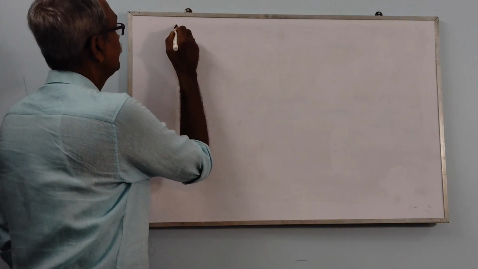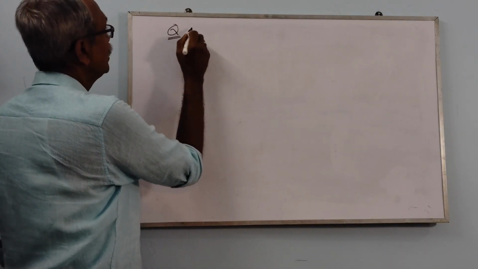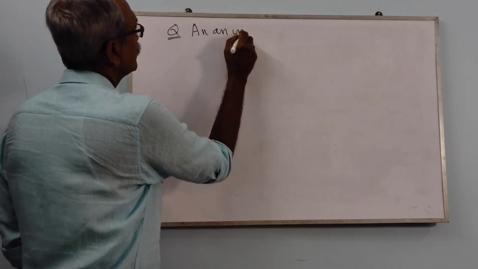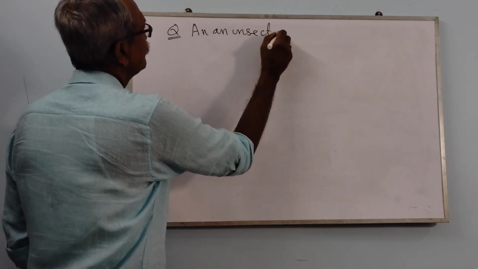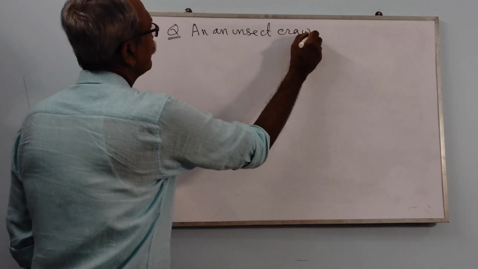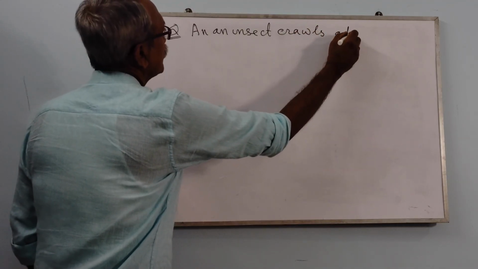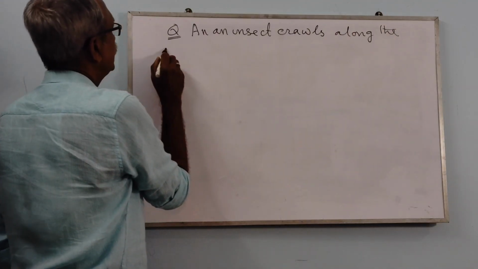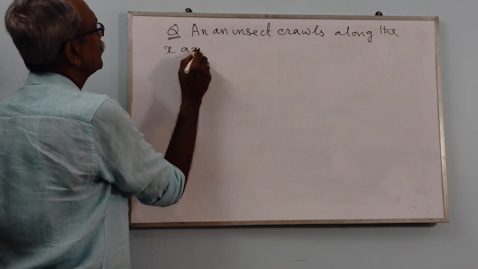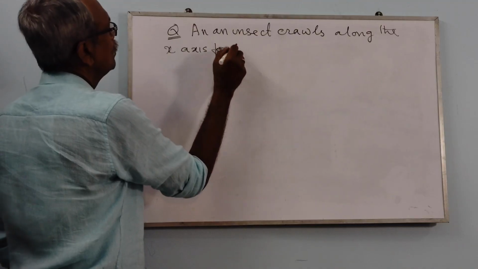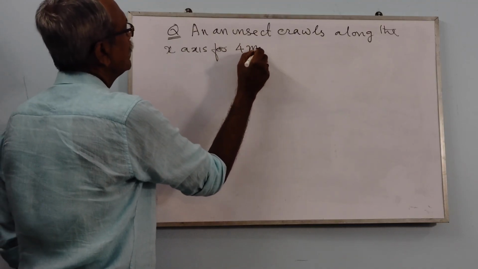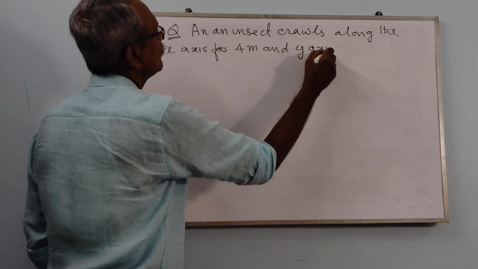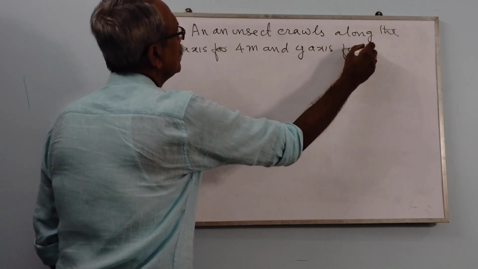An insect crawls along the x-axis for 4 meter and along the y-axis for 3 meter.